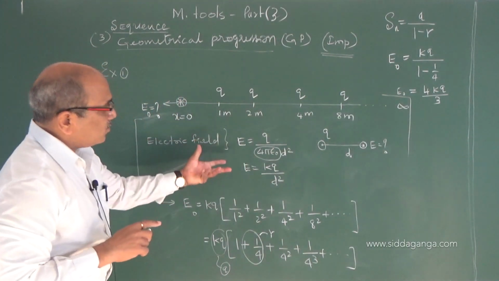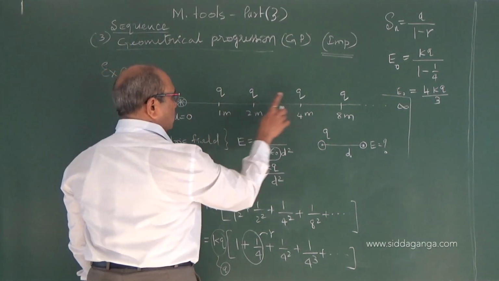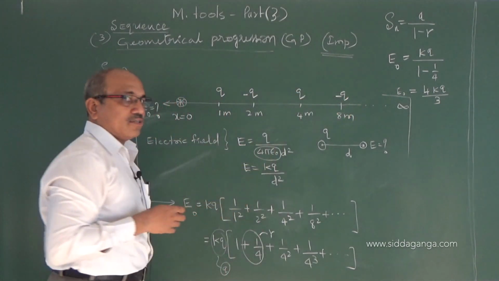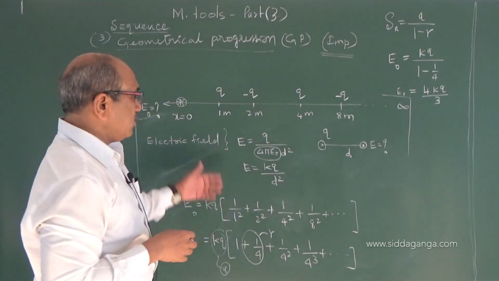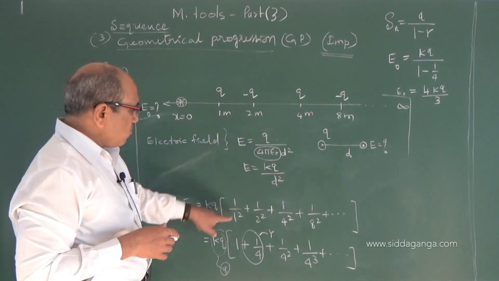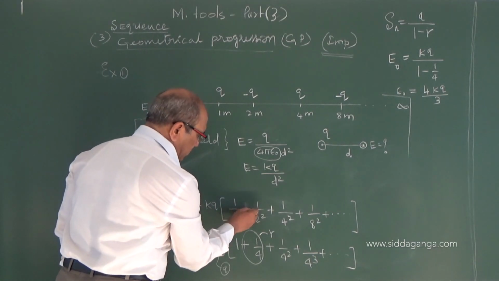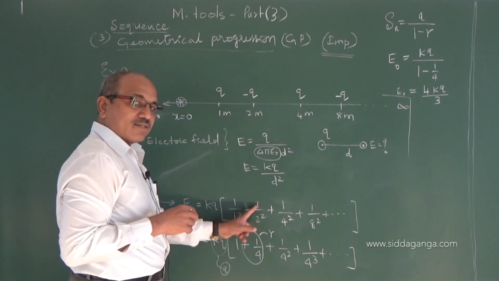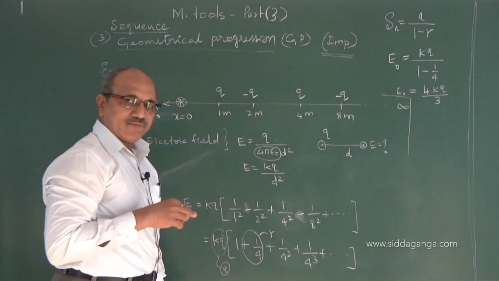Suppose there is an alternate case also, that you also know. Instead of all positive, one is positive, the other is negative, positive, negative. If the charges are given so, what happens, sir? I think you are now getting interested. So the first term is positive, and then I have to write the minus term, minus 1 by 4 kq, plus, again minus because of the minus charge.